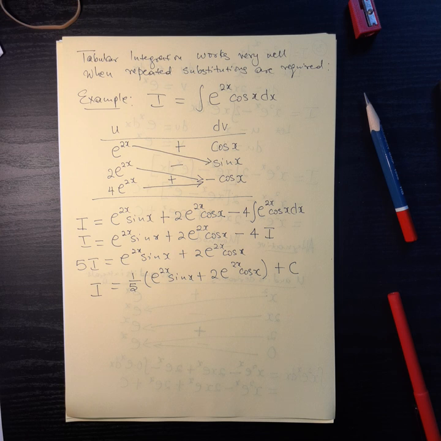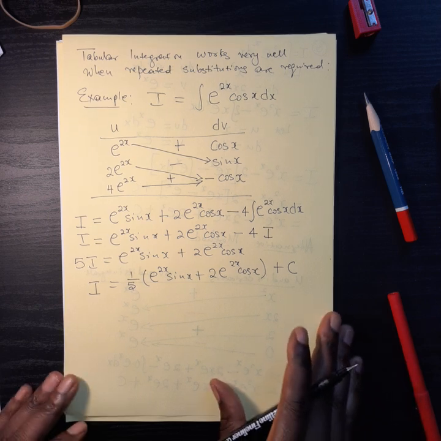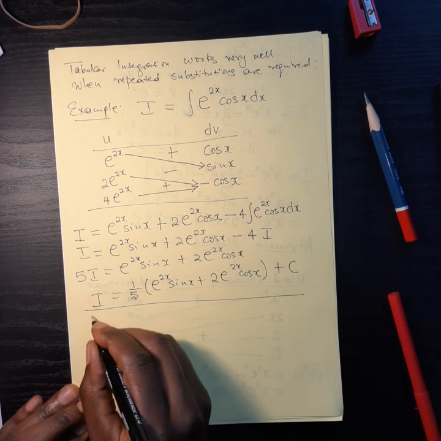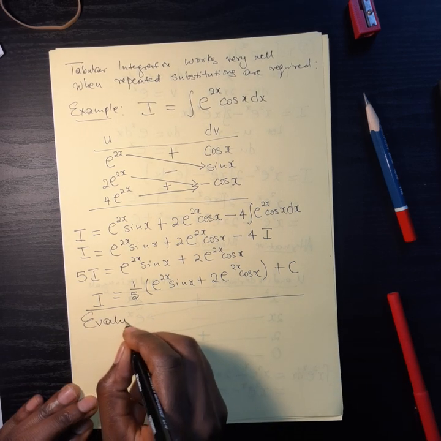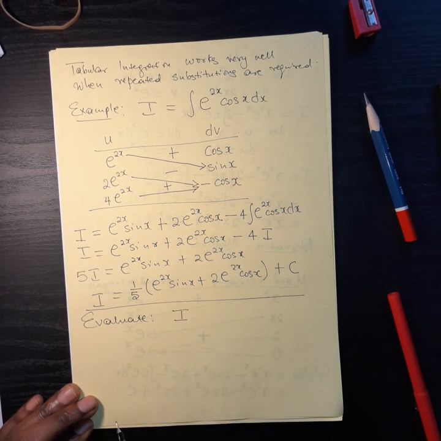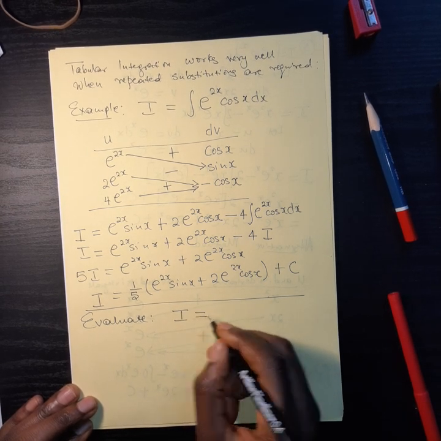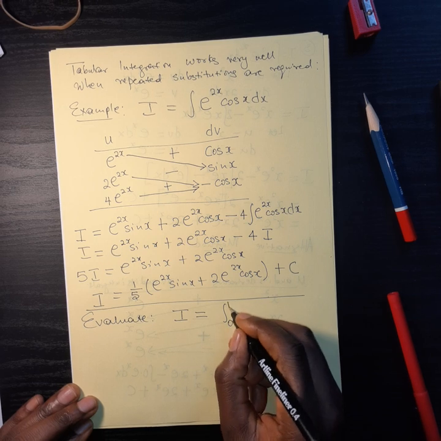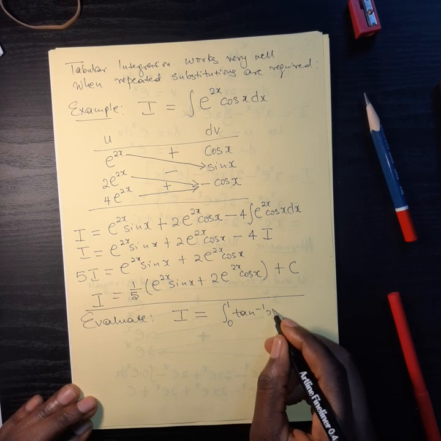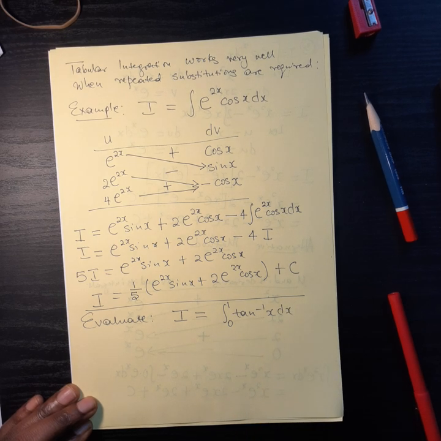That settles it. So the last example, maybe we can look at a situation where we have a definite integral. Let's say evaluate, I will call it I again. It's very convenient. Well, the integral from 0 to 1 of the arctan of x dx, like that.